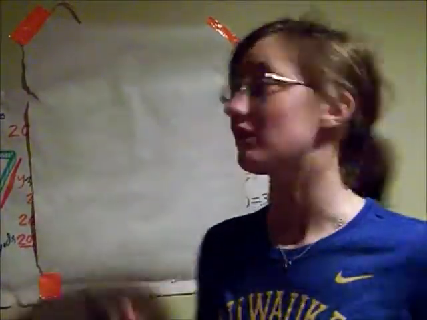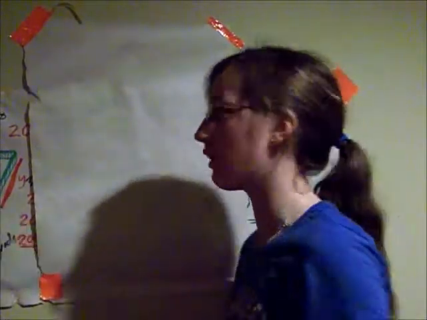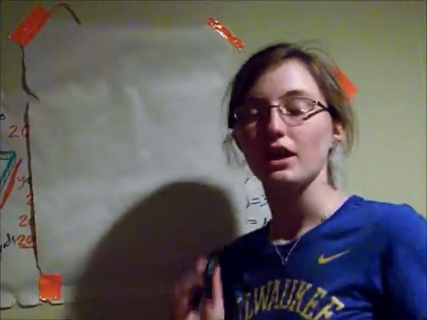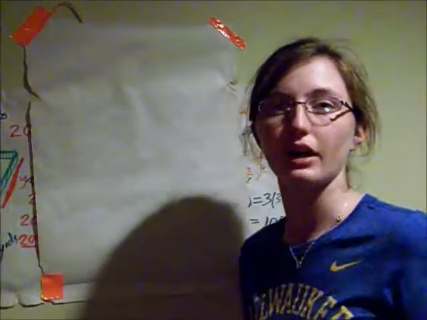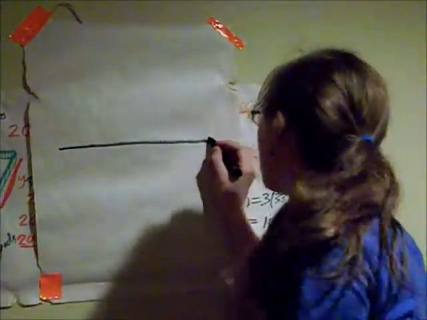Okay, so we're pretty sure this is the right answer, but we're not positive. So what you can do to test this, to make sure it is the maximum area you can get with the 200 yards of fencing, is use a number line. So, what you do is you draw a line.